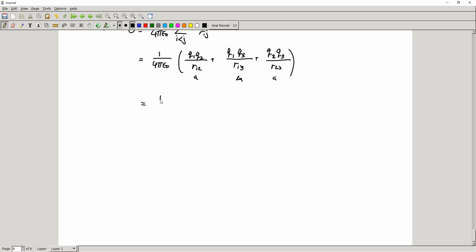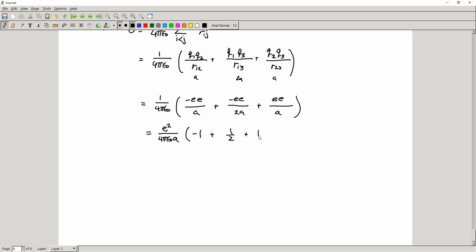So I can clean this whole thing up, and it's going to end up looking like this. I'll do it in 2 steps. 4 pi epsilon naught. We'll have a minus E and an E. These are our 3 terms. This will again be a minus E and an E, and this is just going to be 2 E's. This will be an A, this will be 2A, this will be A, right? And so we can factor out a bunch of this stuff. This is going to end up being E squared over 4 pi epsilon naught A, and we're going to be left with a minus 1 plus 1/2 plus 1, right?